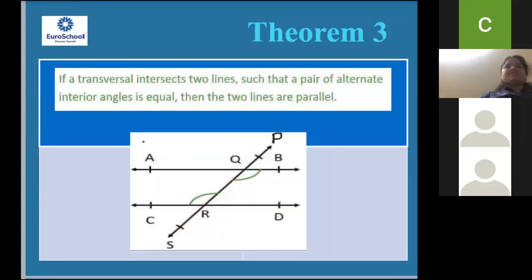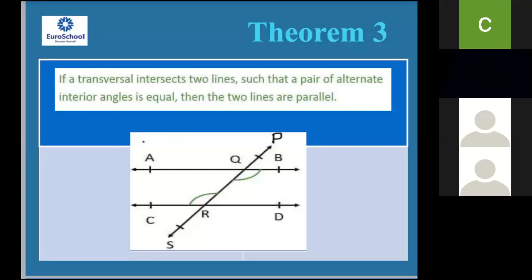If the transversal intersects two lines such that the pair of alternate interior angles is equal, then the two lines are parallel. So, children, please unmute and tell me, what is the difference between theorem 2 and theorem 3? Anyone? In theorem 2, we know that the lines are parallel, but in theorem 3, we need to prove that the lines are parallel.